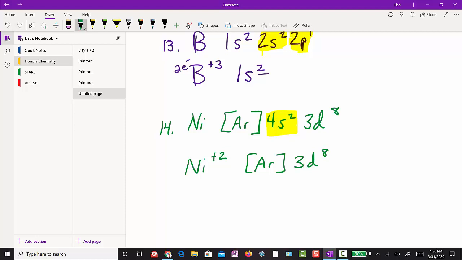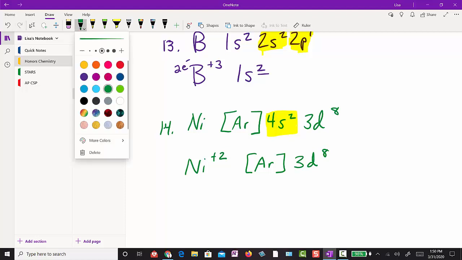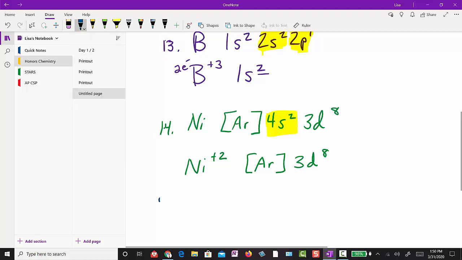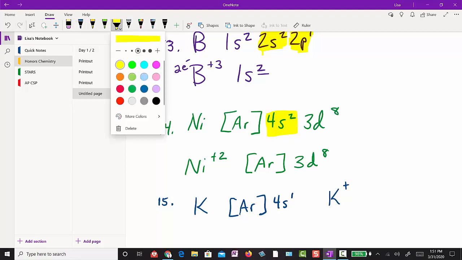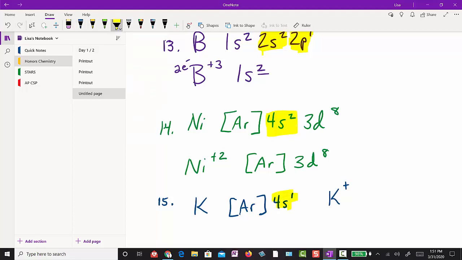Okay, all right, let's try the next one. 15 is potassium +1. So regular potassium is just going to be argon 4s1. Okay, so potassium with a +1 has 1 valence electron, and that's the one it's going to lose.